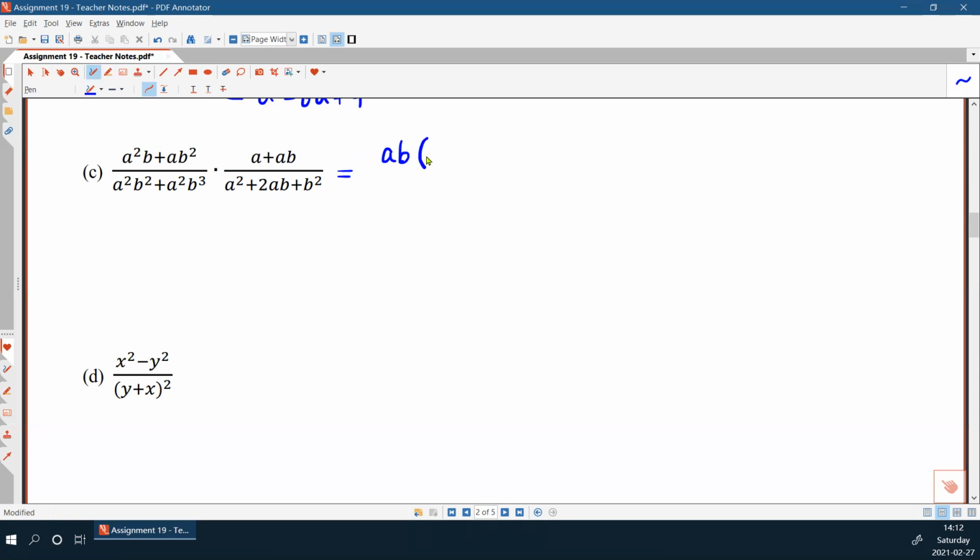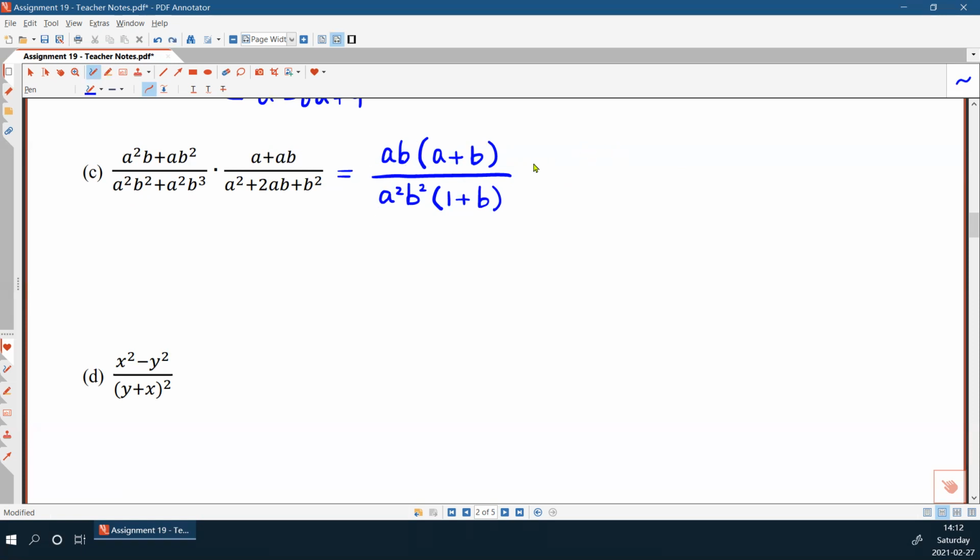And according to the distributive law, what's left in brackets is a plus b, right? Okay, now for the denominator, the common factor is a squared b squared, right? And if we put this term in front, what's left in brackets is a plus b, correct? And then you can cancel an ab here.